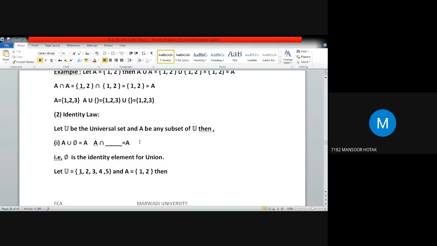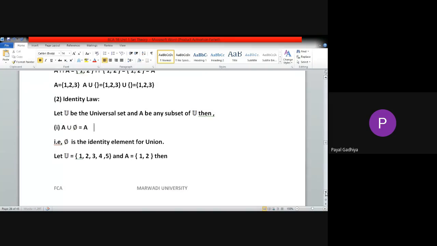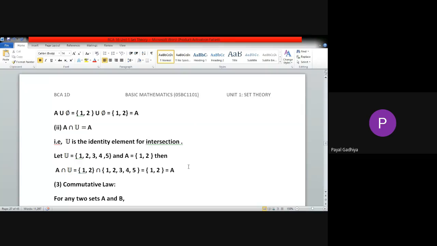Ma'am, I think it is the universal set. Yes, this is the universal set. Great. If I'm finding A intersection universal set, it will be A itself because we are finding the common area. This is the second identity law: A intersection universal set will be A. And if I'm changing to B, no problem.